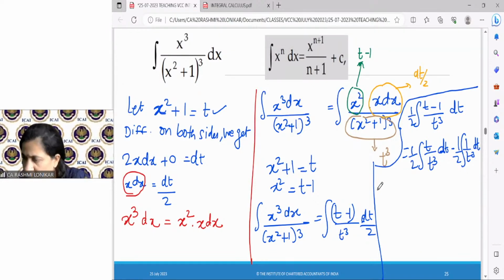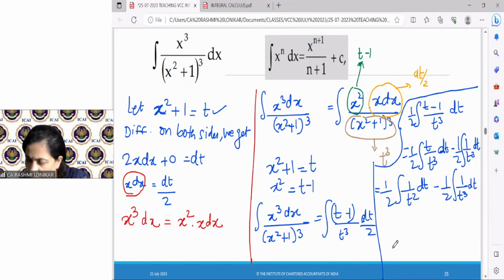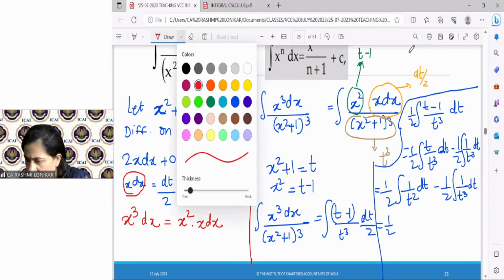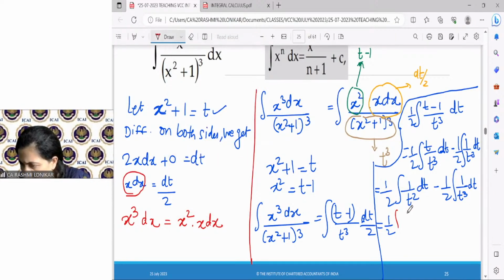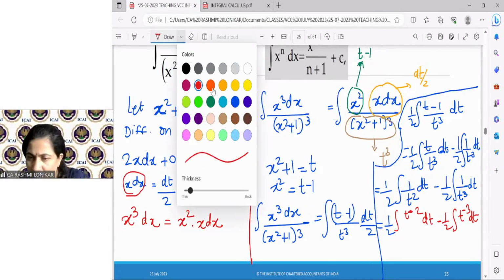Now t upon t cube is 1 upon t square. So this is 1 upon 2 integral t raised to minus 2 dt minus 1 upon 2 integral t raised to minus 3 dt. Just remember these signs are very important.